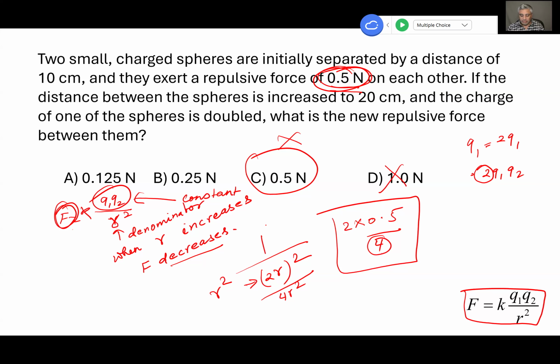So it just became half, not a quarter. I did not pay attention to that. So looks like we have B as the correct answer.